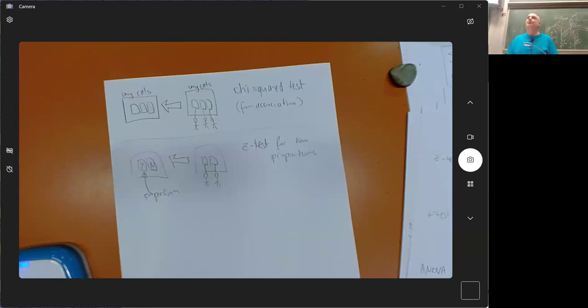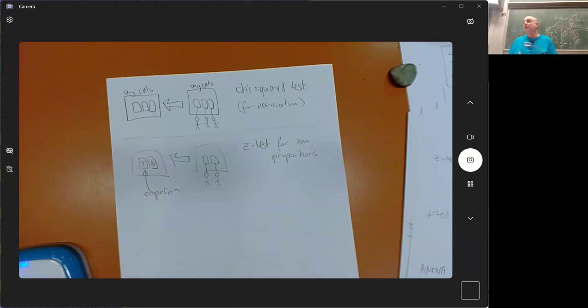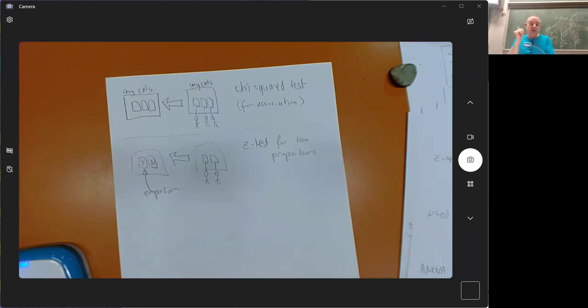There's a lot less subtracting, and therefore the answers are easier to calculate and get right. But think about the story that's being told and ask, for each individual in this story, do they have just two outcomes, and are there two situations, and I'm comparing how likely it is? And if they use the word proportion, then they definitely want you to do a z-test of two proportions. That is 100% true.